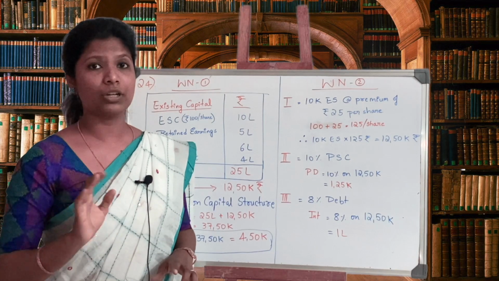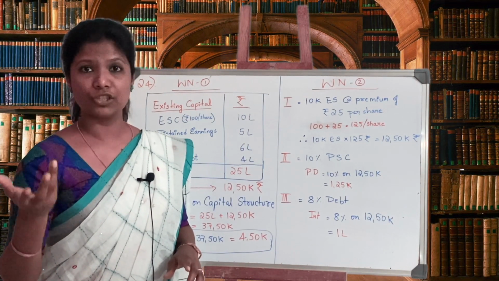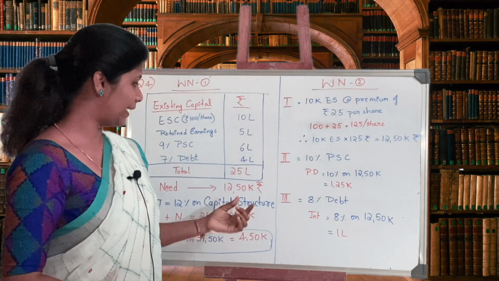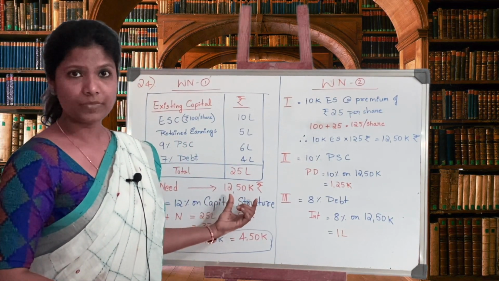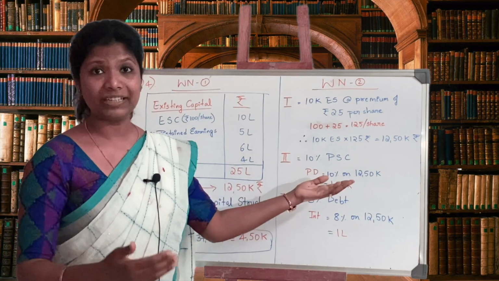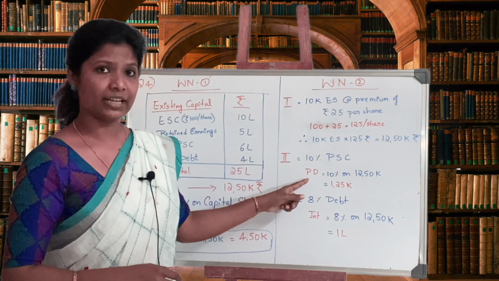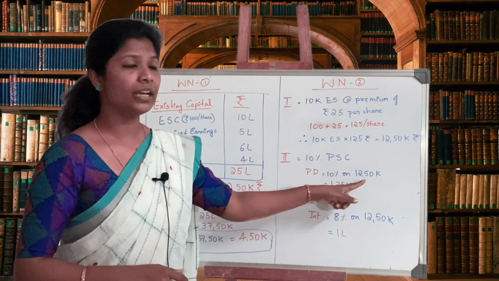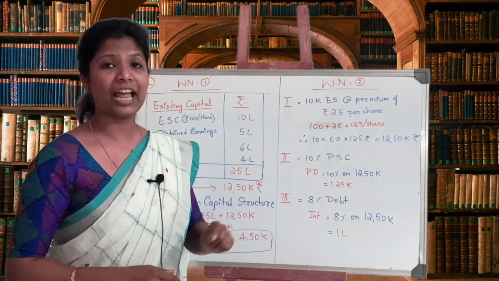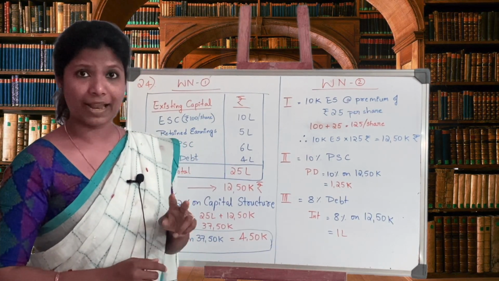The question does not mention the preferential capital. If the capital is not mentioned, it is understood that the total is 12 lakh 50,000, because we want to raise 12 lakh 50,000 in the form of 10% preference share capital. How do I calculate preference dividend? 10% on the needed capital gives 1 lakh 25,000 as my preference dividend under plan 2.